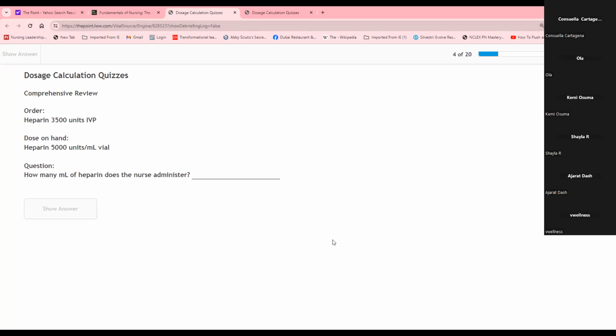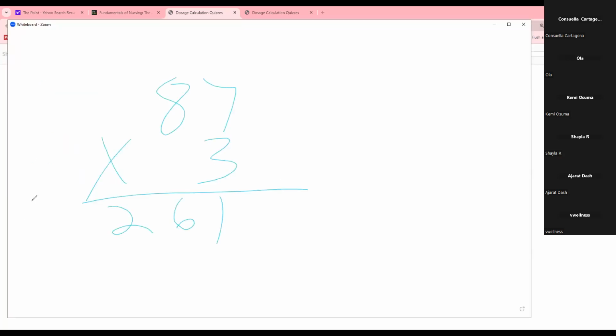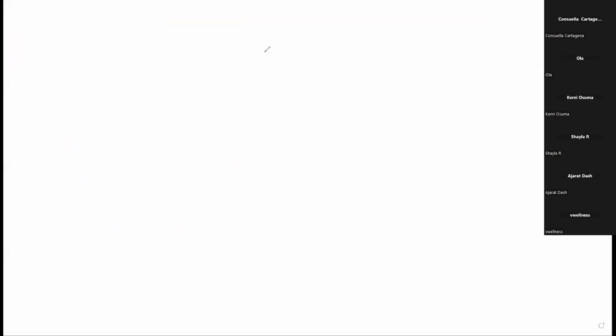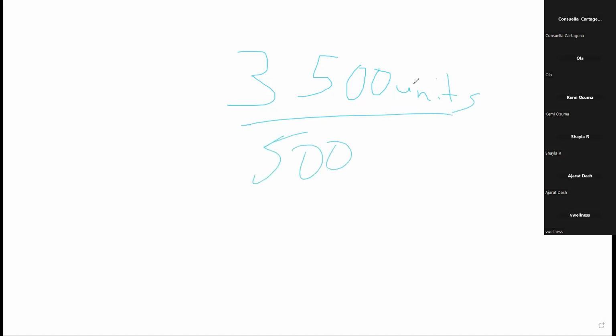Let's go to the whiteboard. So this is just going to be your 3,500 divided by your 5,000 times your vehicle, which is 1 mL. You see here, it doesn't matter because this is going to cross out. So that's 0.7.